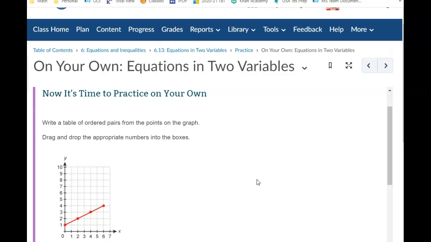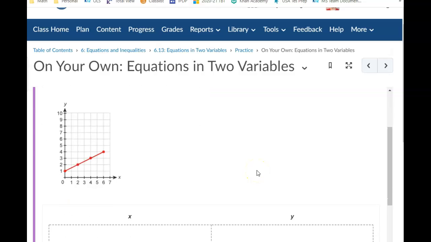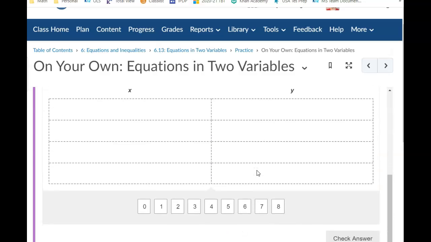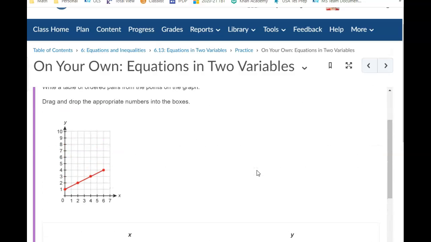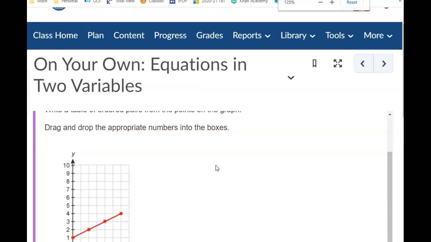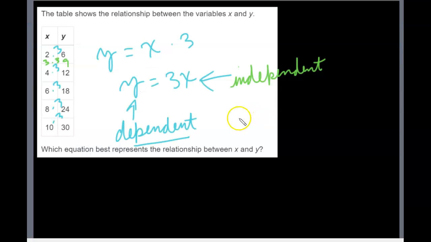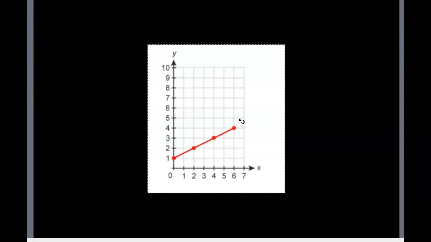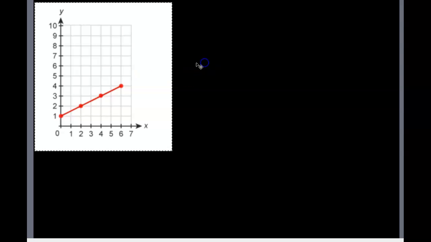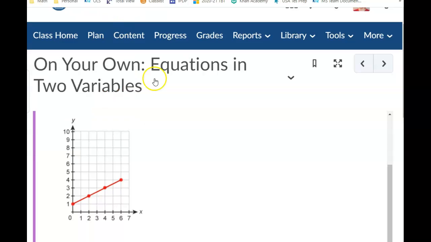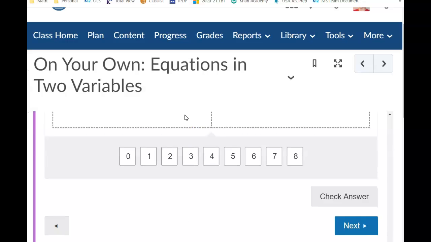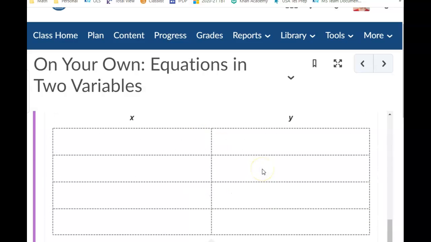Oh, this is a good one. Write a table of ordered pairs from the points on the graph. Drag and drop them into the boxes. Okay, well, let me blow it up a little bit. X and Y values with all these points 0, 1, 2, 3, 4, 5, 6, 7, and 8.